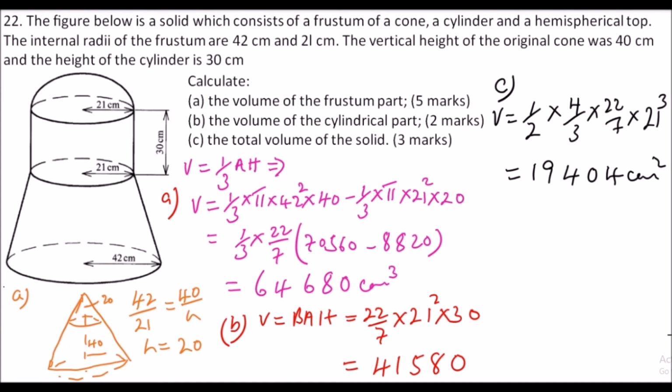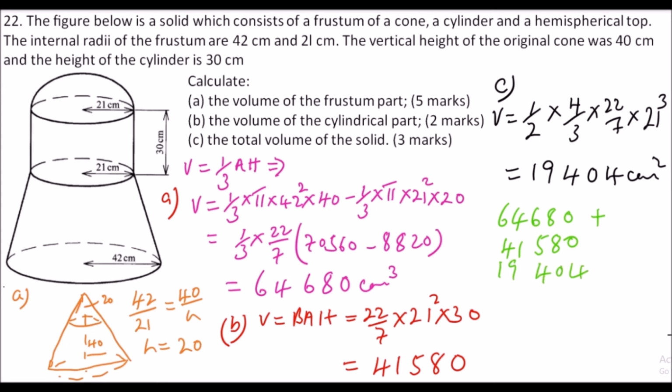Then with that, you should be able to come up with a total. So you add 64,680 to 41,580, and you also add 19,404.